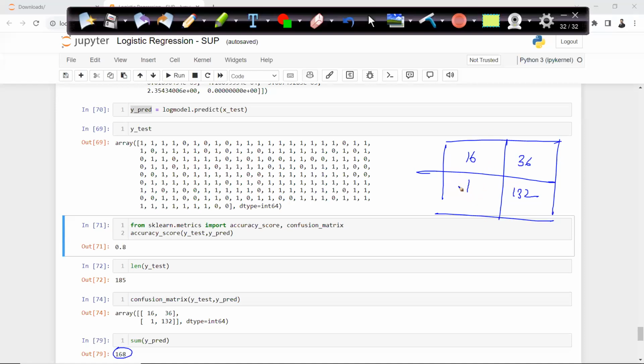Now, how to read this outcome? 0, 1, 0, 1. This is my actual, and this is my predicted. If I read row by row, 16 plus 36, that is coming out to be 52. 52 records are the customers who did not get the loan as per the actual data.